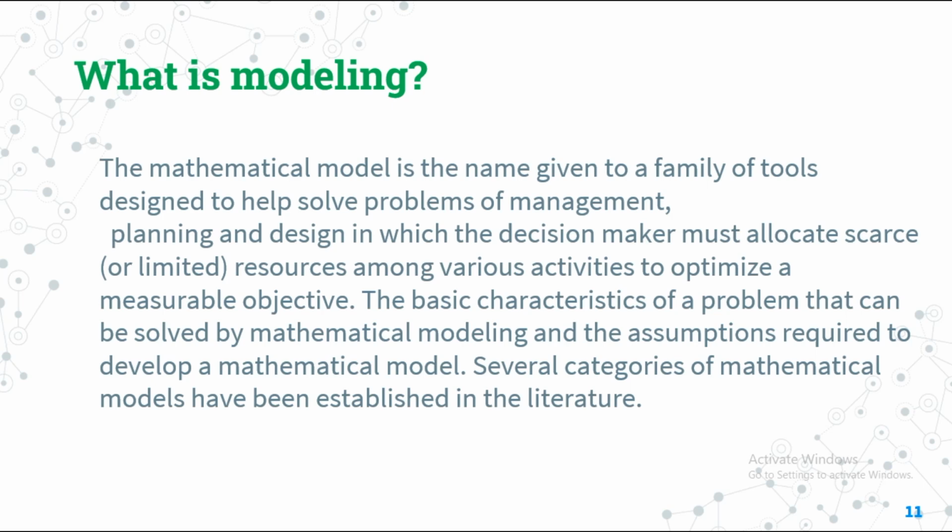The basic characteristics of a problem that can be solved by mathematical modeling and the assumption required to develop a mathematical model. Several categories of mathematical models have been established in the literature.